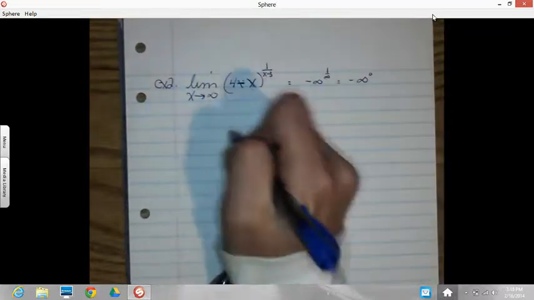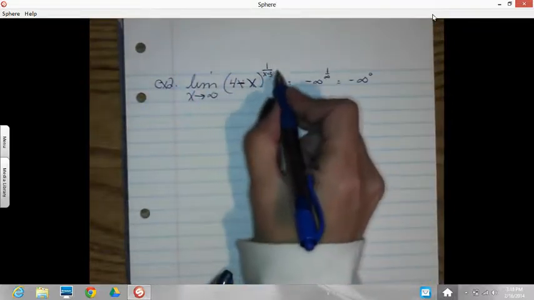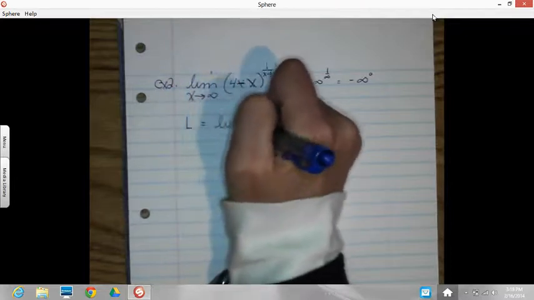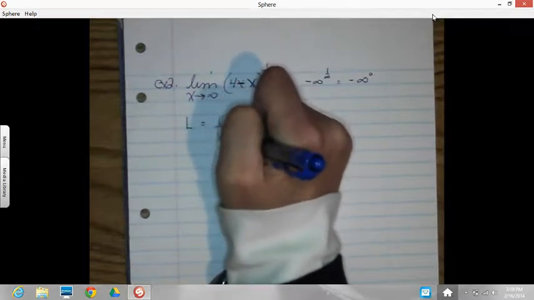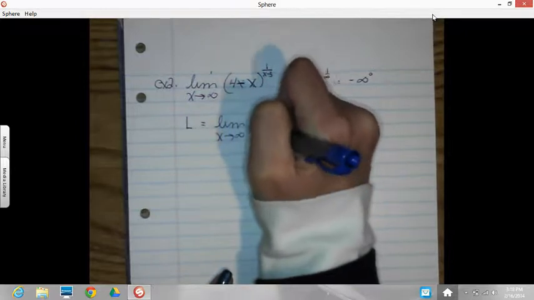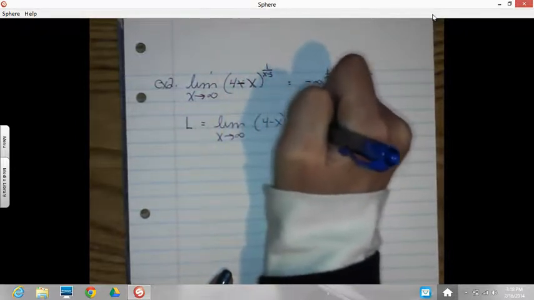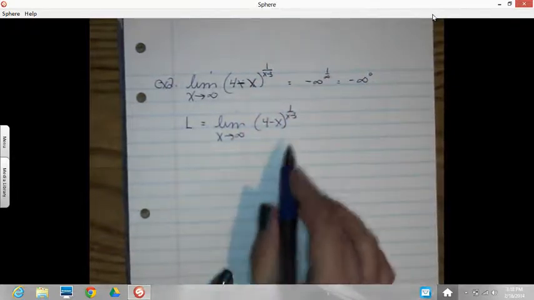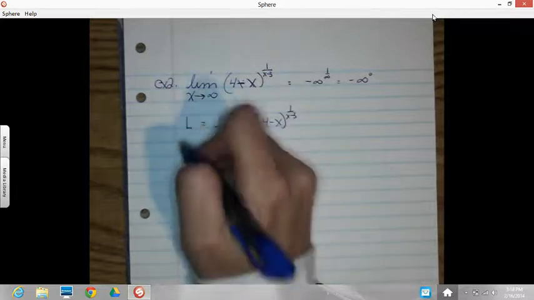So we start out by writing, because I've got the x in the exponent here and I've got to bring it down, I need to introduce the logs. So I'm going to let L equal the limit as x approaches infinity of this. Now I've got an equation where I can hit it with a log on both sides and bring that down as a multiplier.